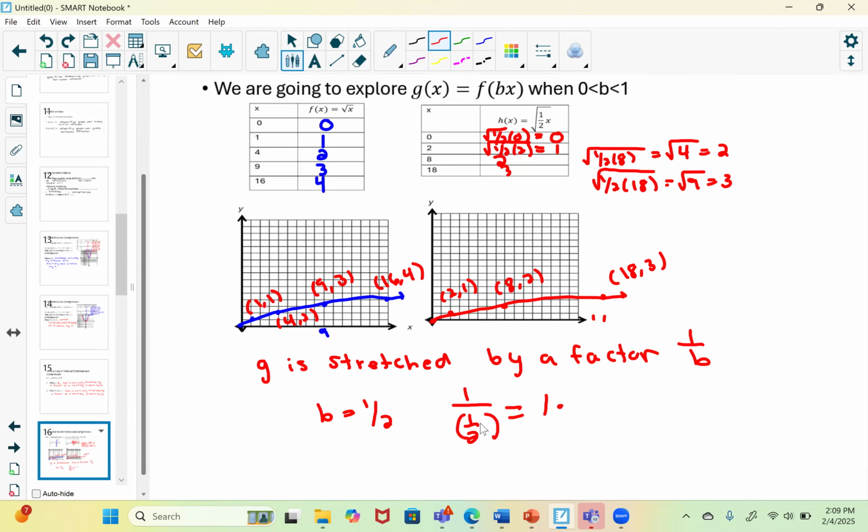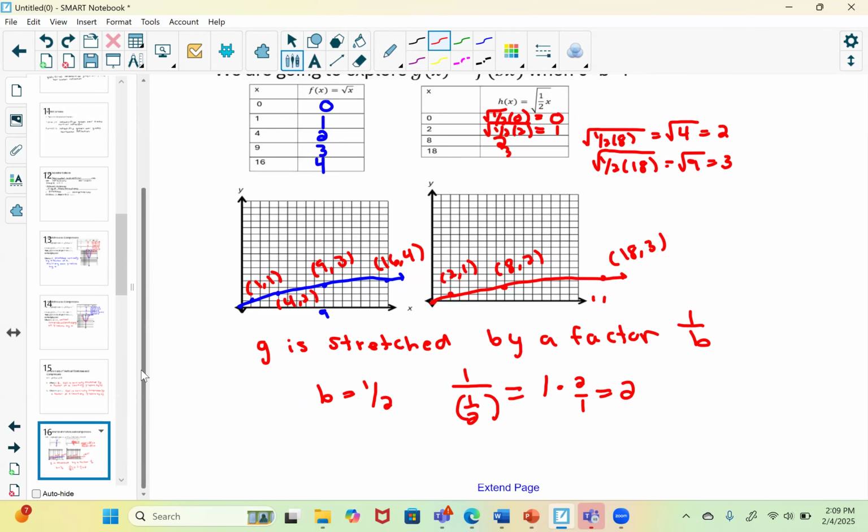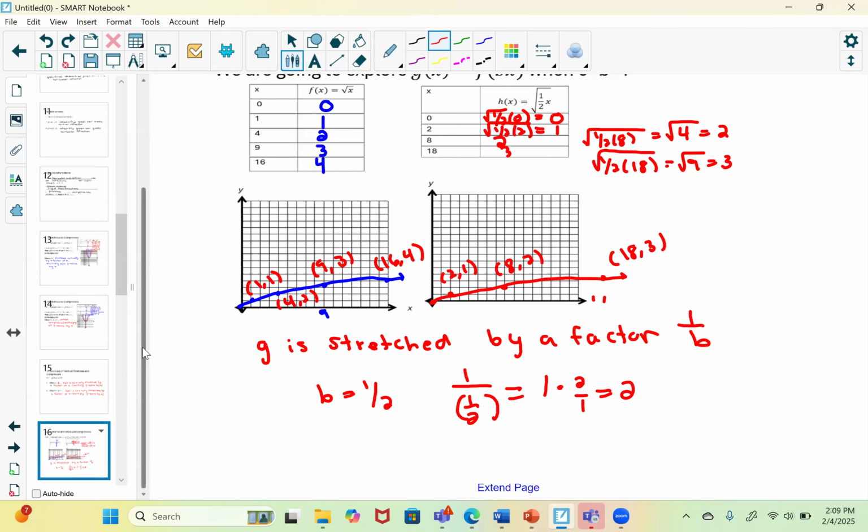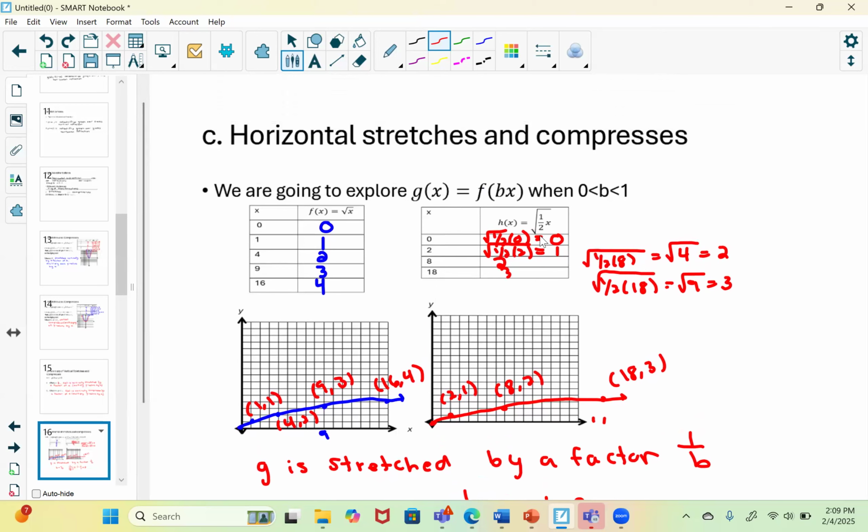So it's 1 times the reciprocal, 2 over 1, and that gives me a 2. And so it's stretched by a factor of 1 over B. And so really we can just multiply by whatever the number is in the bottom. That's the easiest way to think about it.